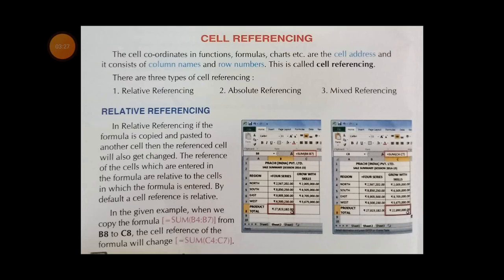Then what is relative referencing? In relative referencing, if you are copying a formula from one cell and pasting it to another cell, then the reference cell will also get changed.